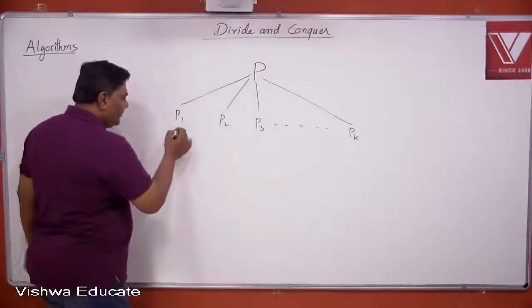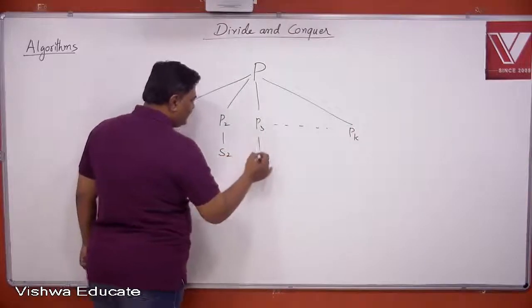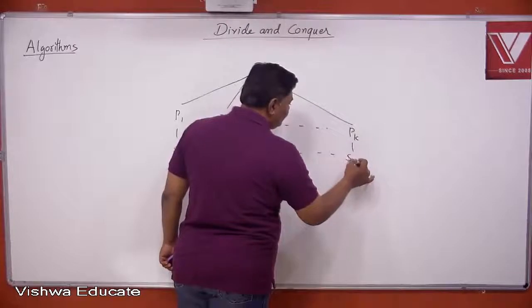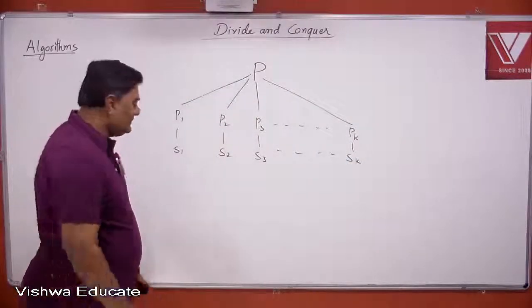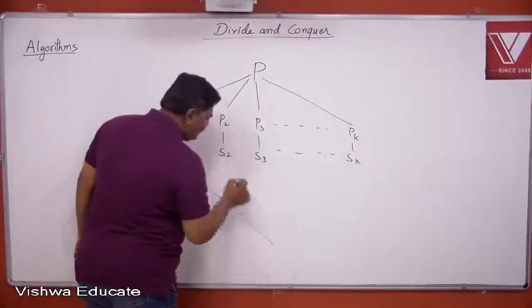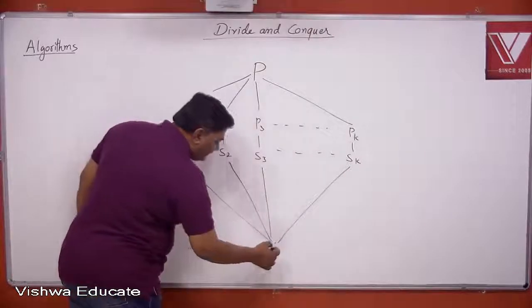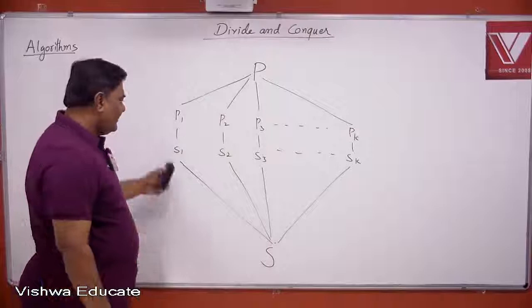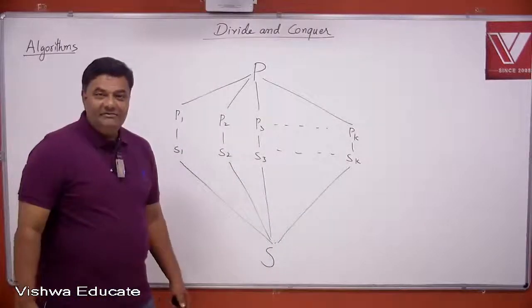Then solve each individual problem and get the solution for each. So each sub-problem is solved. Then combine the solutions of those sub-problems to get the solution for the main problem.